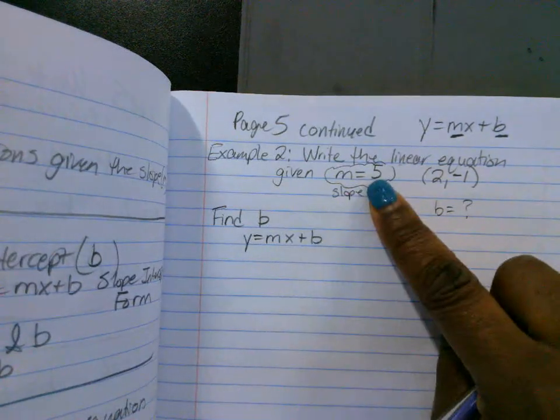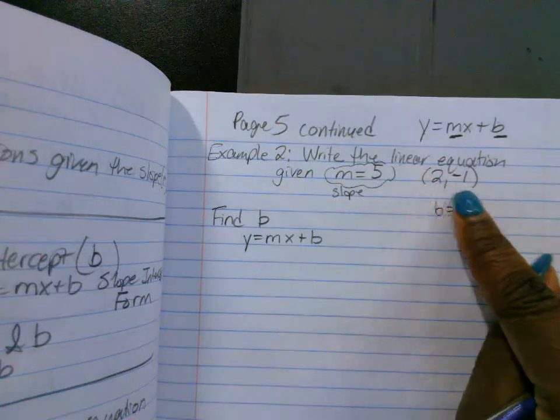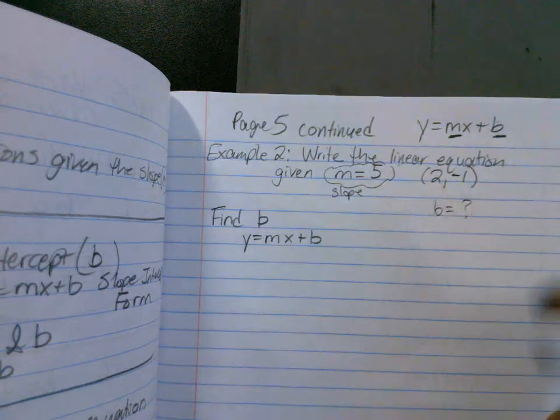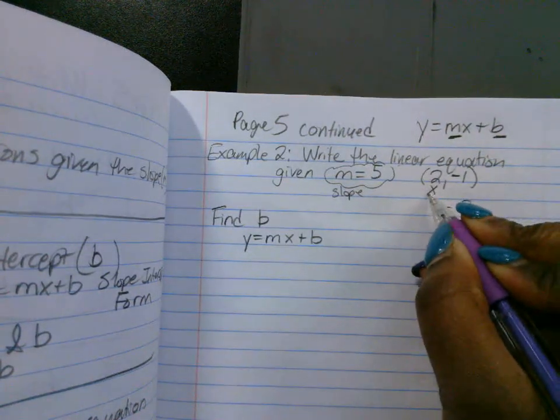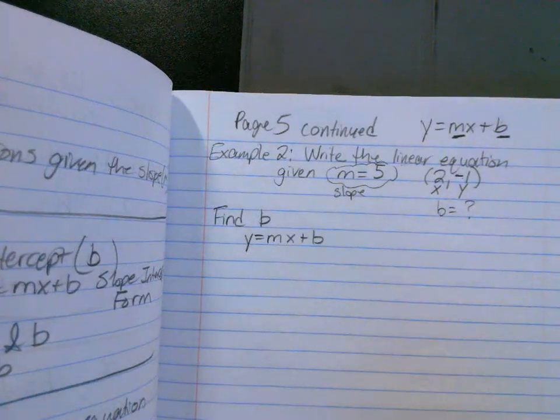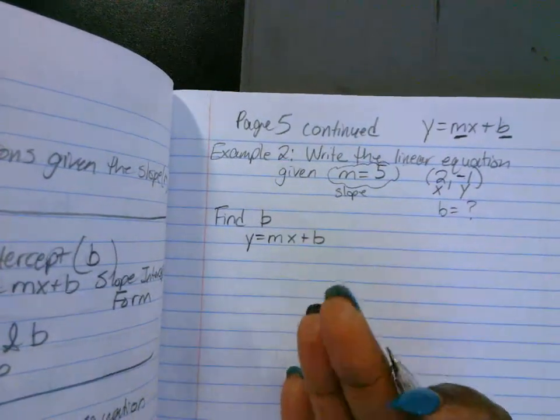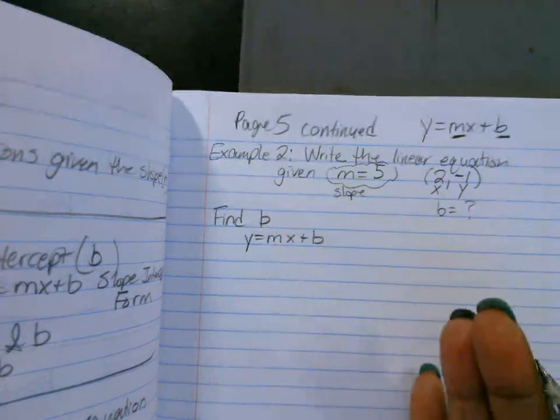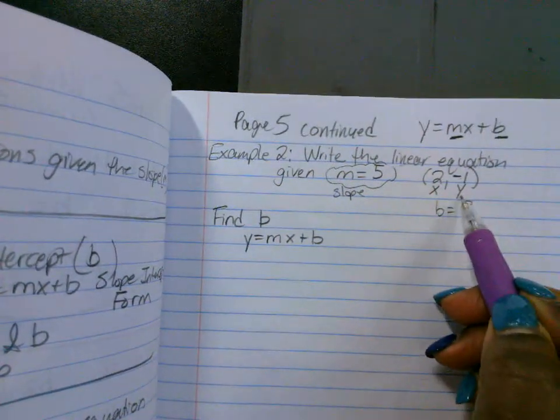Okay? So we have m. We have a point. The first number in this point we label as x. The second number we label as y. Please do that. The first number is always x. The second number is always y.